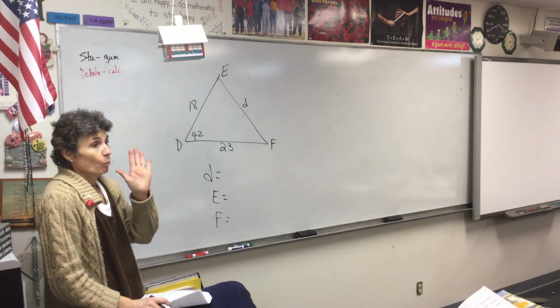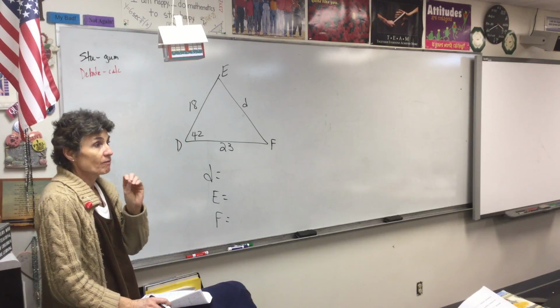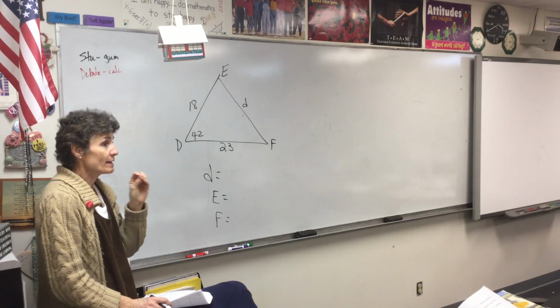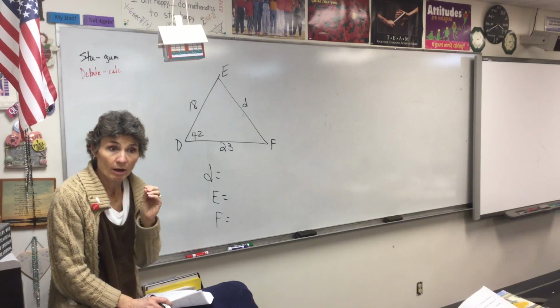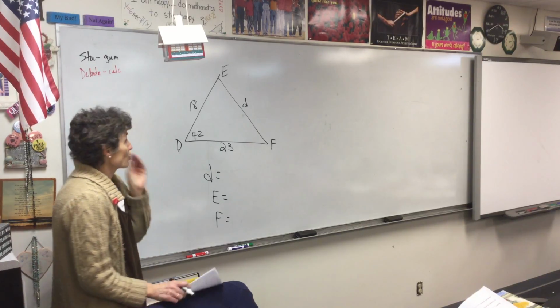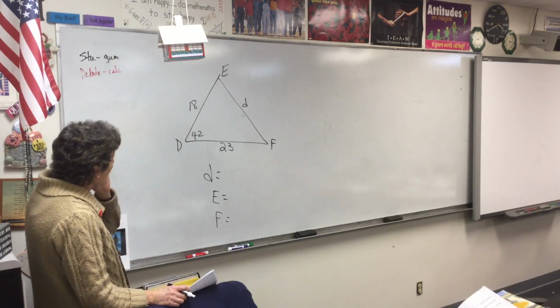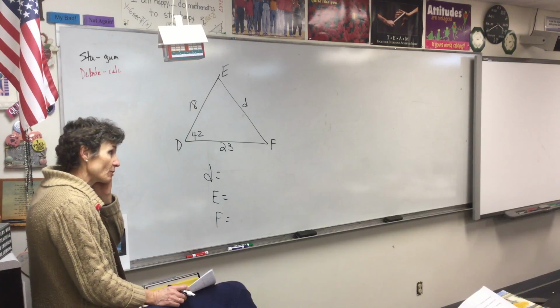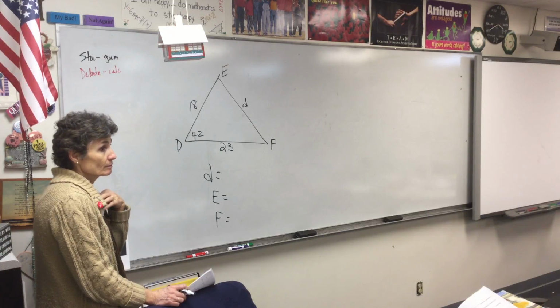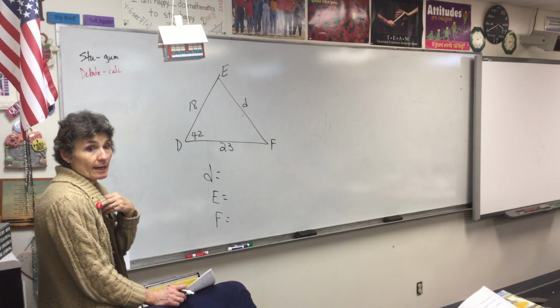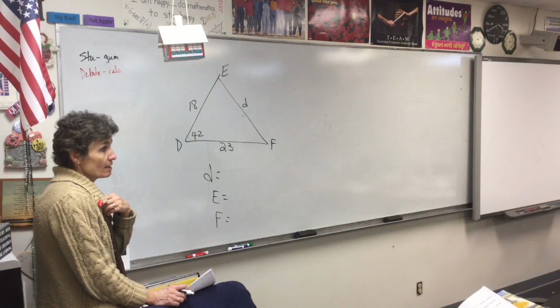Now, when your job is to find a side or an angle, you're going to use the law of sines or the law of cosines. So you need to figure out, when you look at what you have, which would be the best. Definitely cosines.